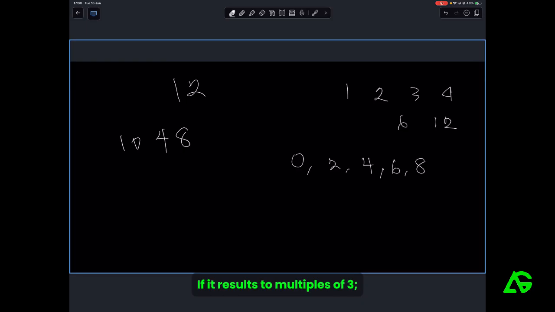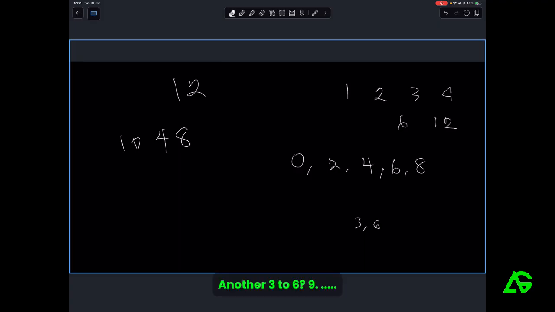If it results in a multiple of 3, what I mean by multiple is the number we get as a result of adding 3 to itself continuously. If I start with 3, that means 3 is a multiple of 3. If I add another 3 to 3, what will it give? 6.